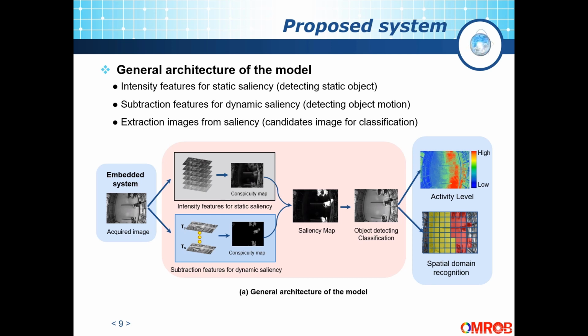The intensity features are useful for detecting static objects. The subtraction feature is used for detecting object motions. Then we extracted candidate areas for the classification from the saliency map.